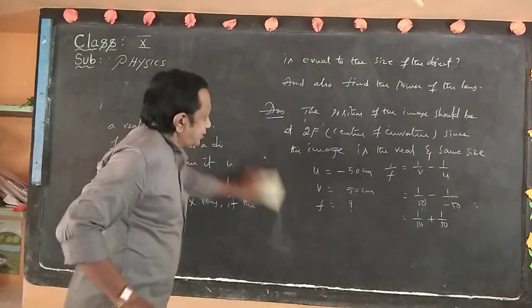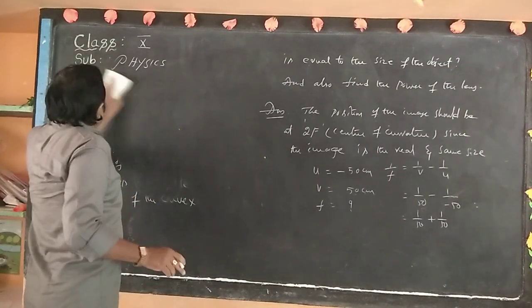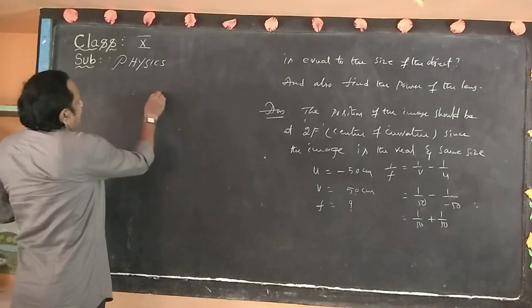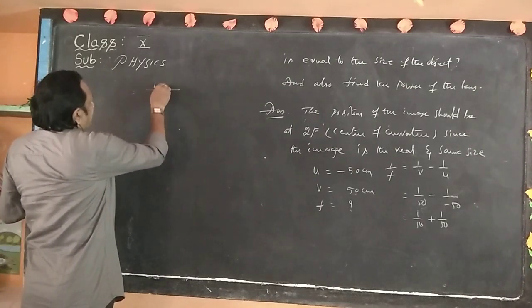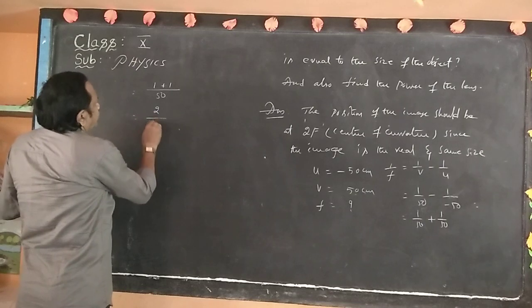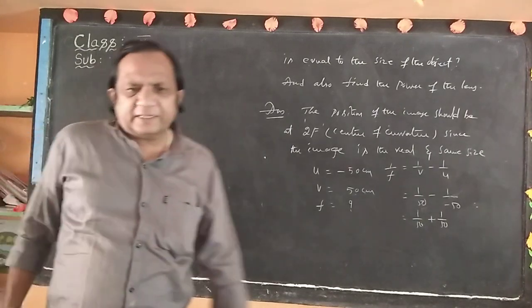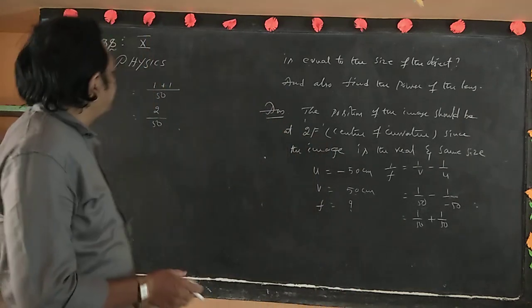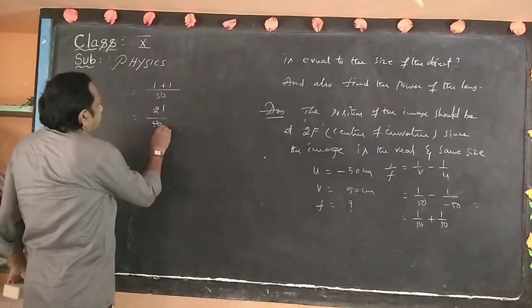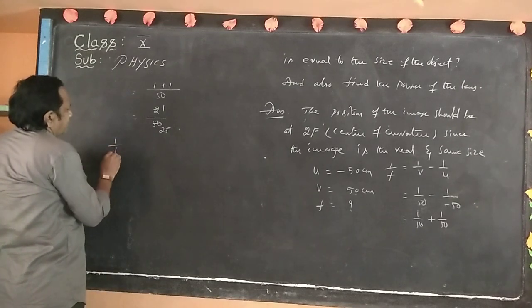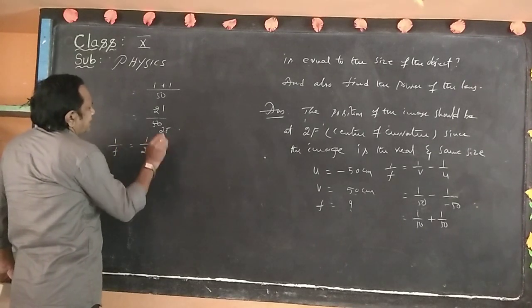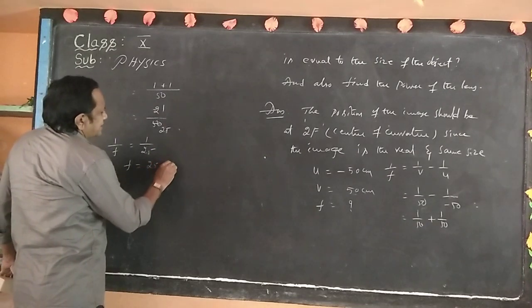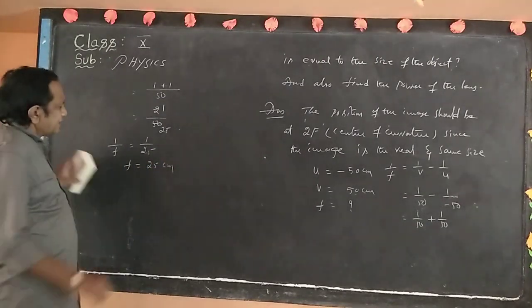LCM is 50, so 1 plus 1 is 2, we get 2 by 50. 2 by 50 means 1 by 25. That is, f is equal to 25 centimeters.